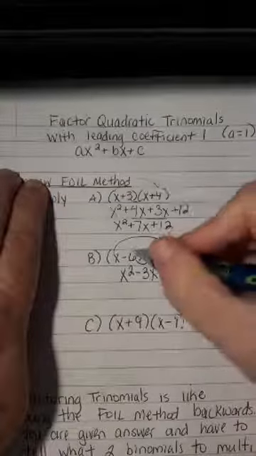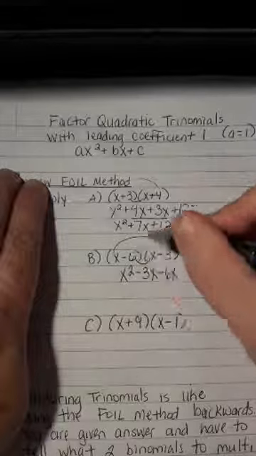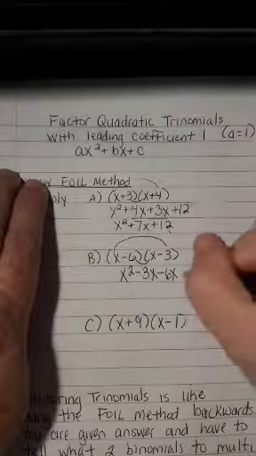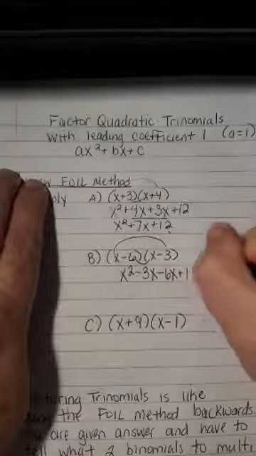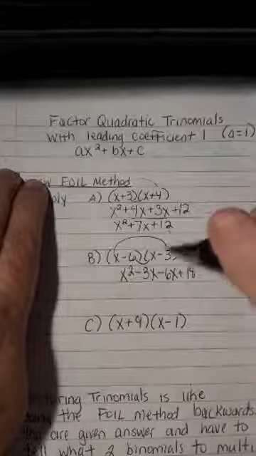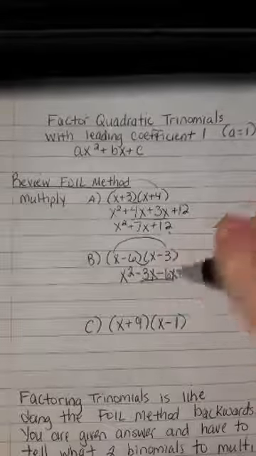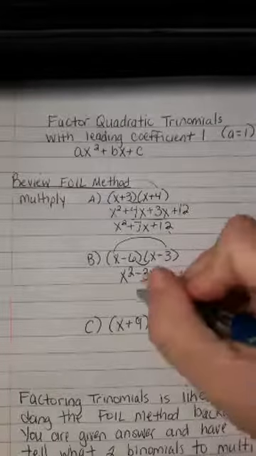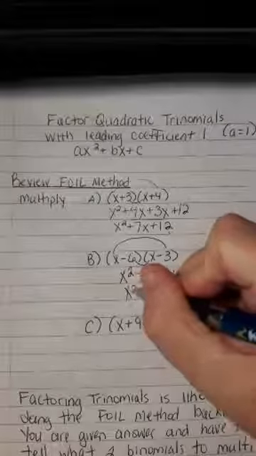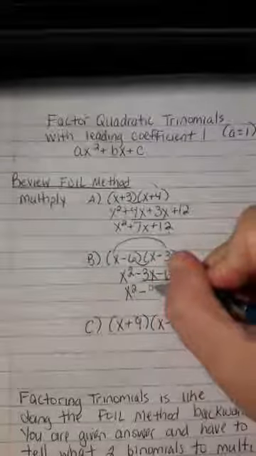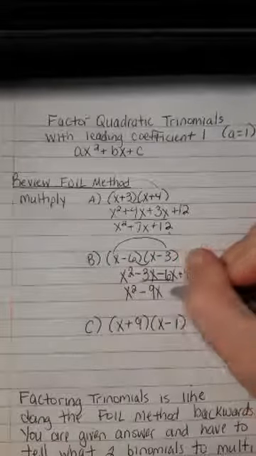And multiply the last times the last together, negative 6 times negative 3, and you get positive 18. And then again, you add your outsides and insides, these two here, together, and you get negative 9x. So your answer is x to the second minus 9x plus 18.